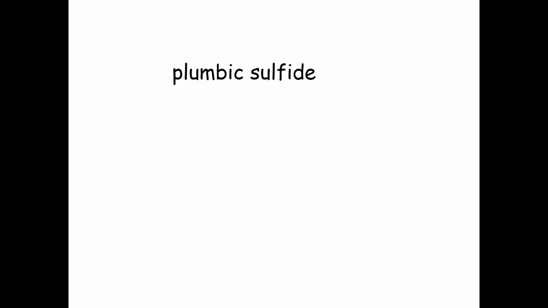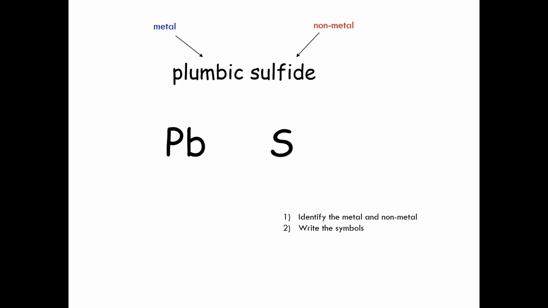And so plumbic indicates the higher charged ion of lead. So first, we're going to identify the metal and the nonmetal. Second, write the symbols for these elements. The symbol for lead, or plumbic, is Pb, while the symbol for sulfur is S.